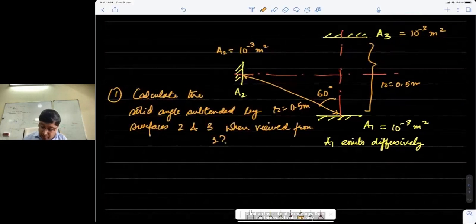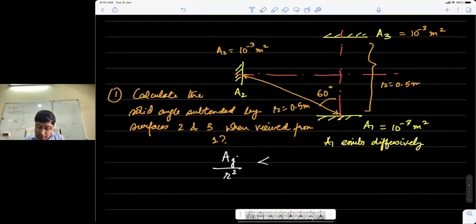I'll make an assumption here to justify the way I'm going to calculate this. If we compare the ratio AJ, where J is either 2 or 3, versus R square, I can already see that AJ by R square is a number much, much less than 1, because the areas are very small compared to the distance at which we see them.